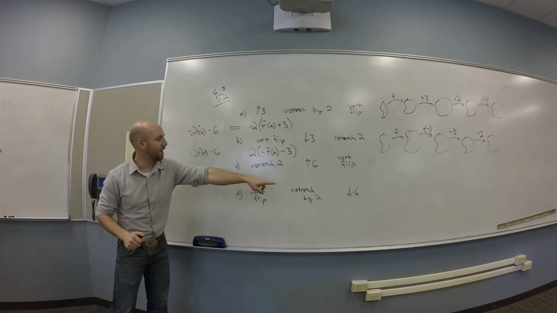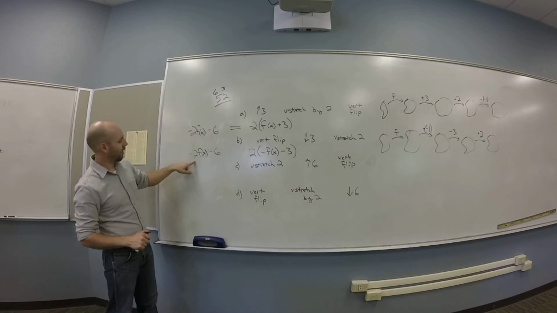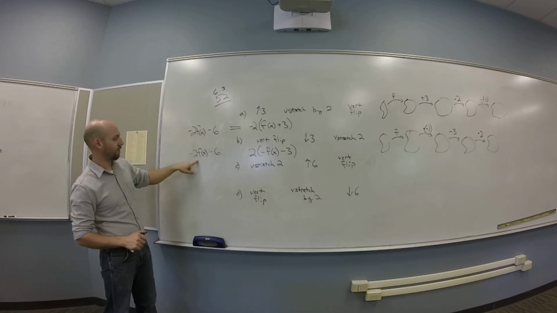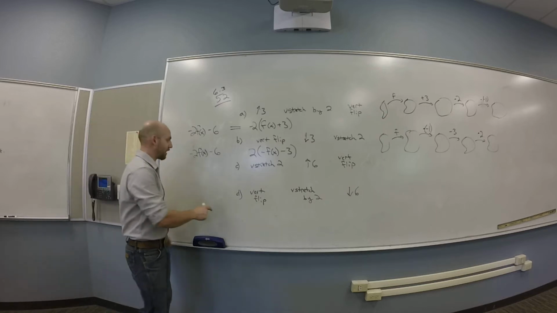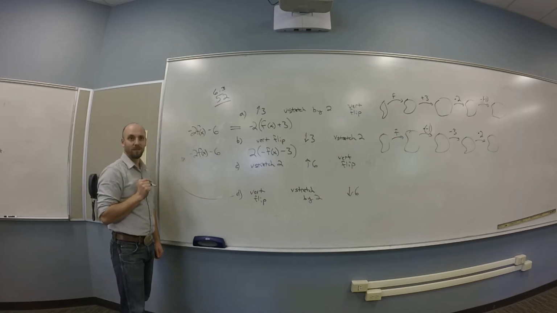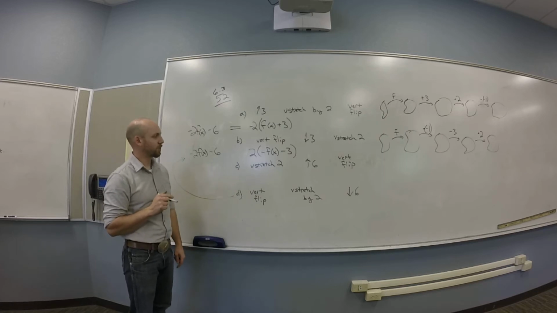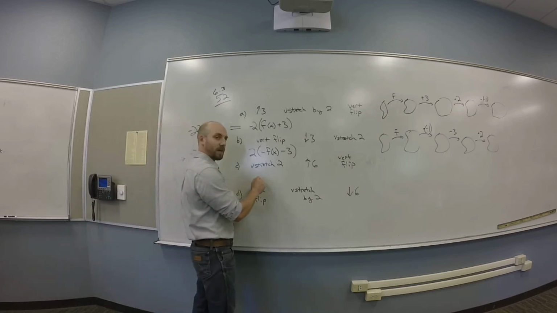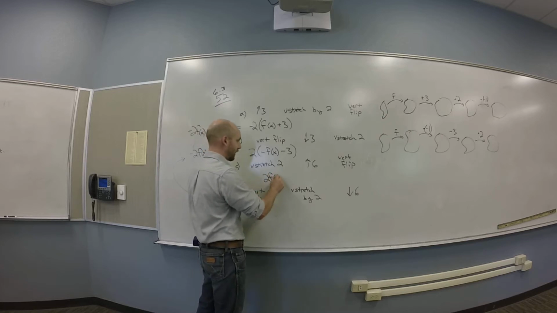The one that goes down 6 at least seems familiar, right? Are the first 2 bits a vertical flip and a vertical stretch by 2? Yep, so C is the same thing because it's that one. And now I just need to know about this guy. If I do a vertical stretch by 2, what's that going to do? Multiply by 2, so you get 2 f of x.